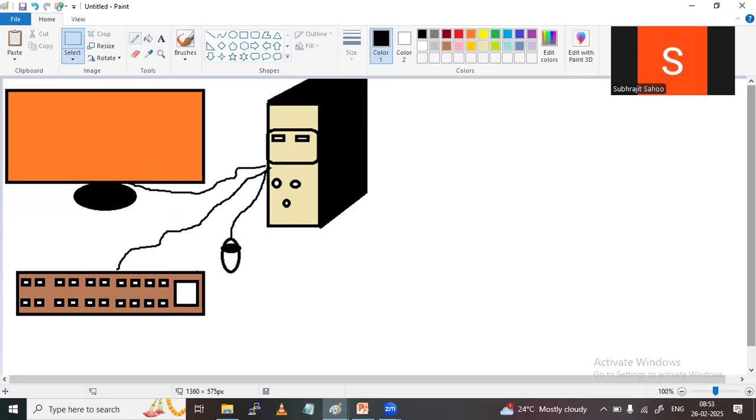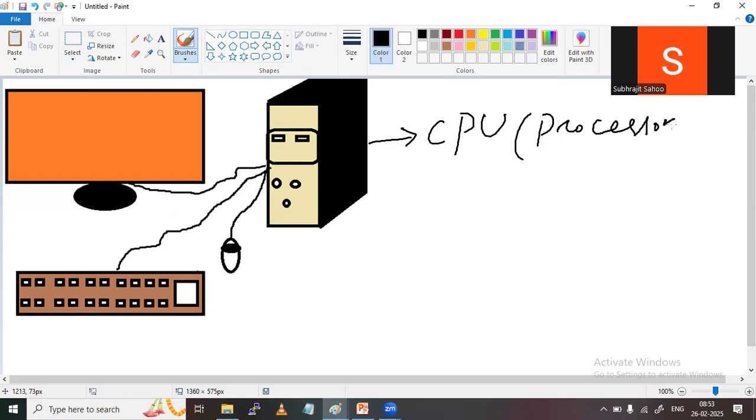This black color, what is visible to you, that is called the CPU, Central Processing Unit. In short form, we call it the processor.